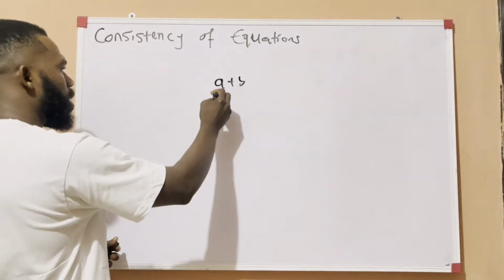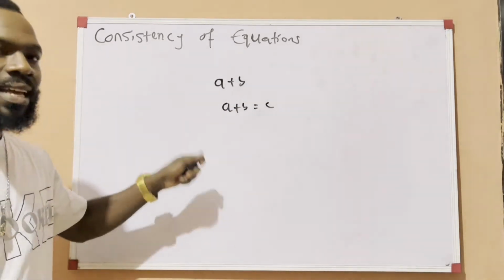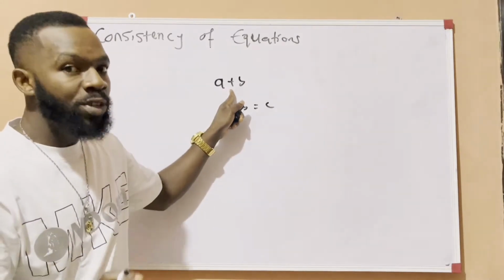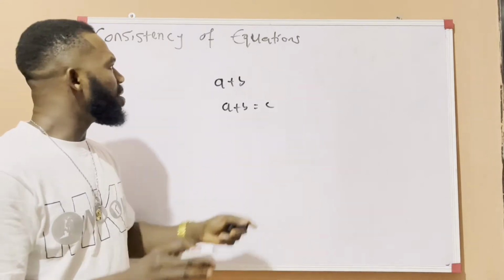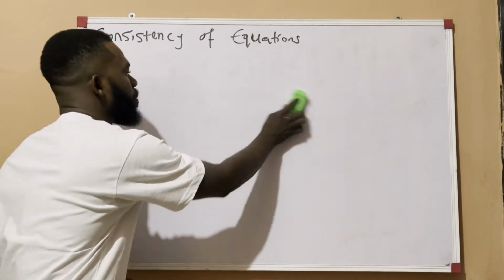But if I should say A plus B equal to C, this is an equation. So what differentiates them? Expression, there is no equality sign. Equations, there's an equality sign.